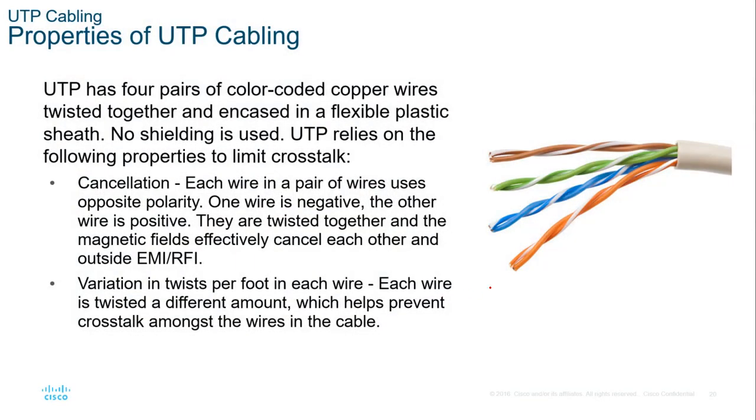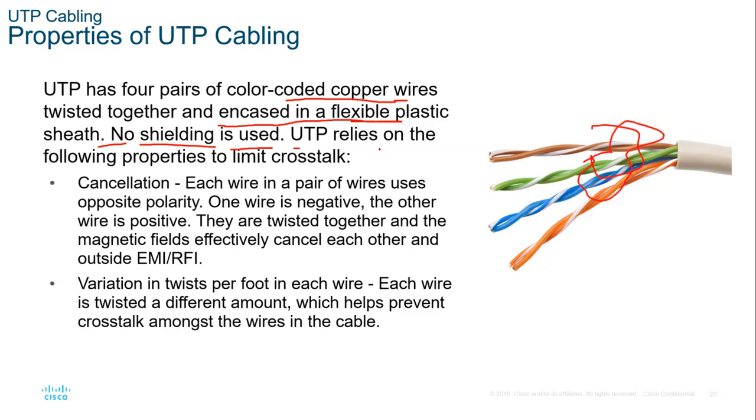UTP cable. UTP has 4 pairs of color-coded copper wires twisted together and encased in a flexible plastic sheath. No shielding is used. There is no shielding on these wires.